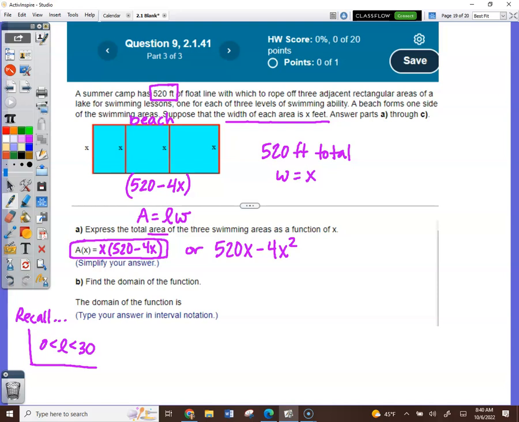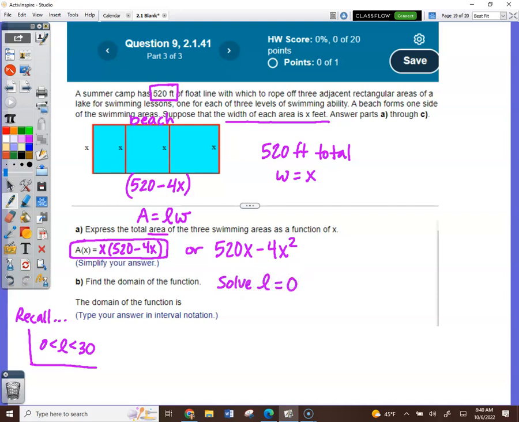So there's a restriction on x. X cannot range from 0 to 520 because we're going to have how many x's right here? We're going to have 4 of them. So to find the domain here, this is what you need to take note on your paper. You're going to solve the length equals 0.